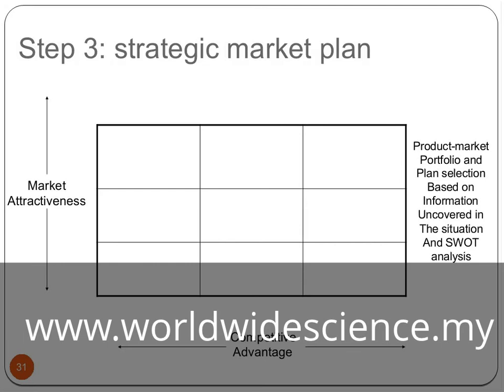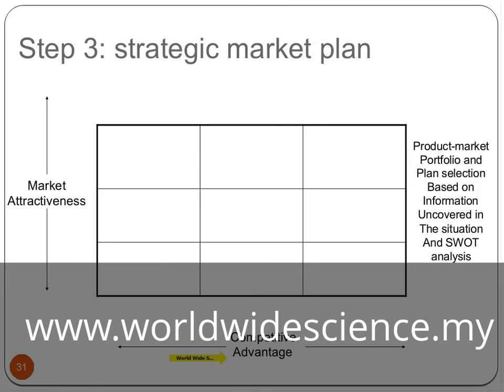There is a very good thing about this one, the marketing plan. Sometimes you can classify your products, in terms of market attractiveness and also competitive advantage, you can classify some products in your portfolio.